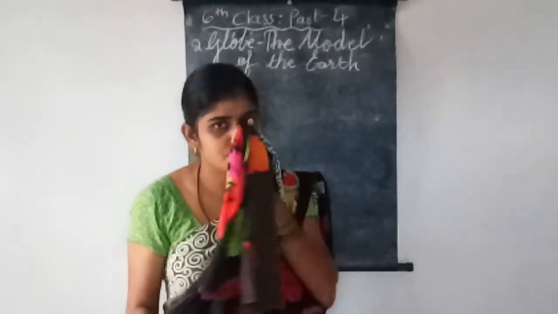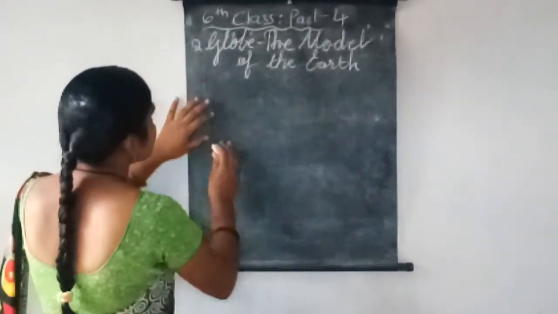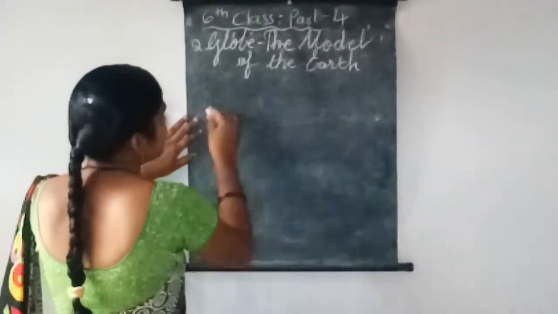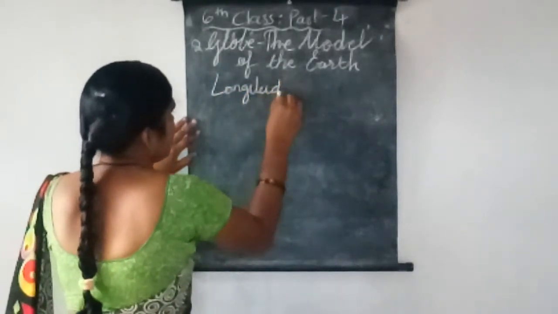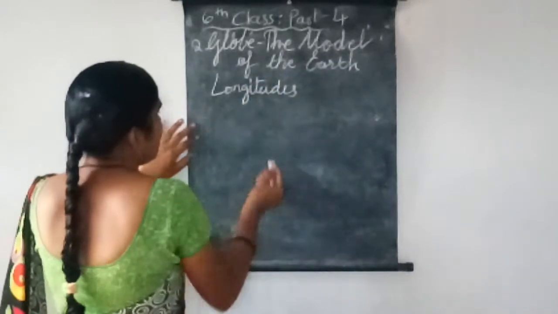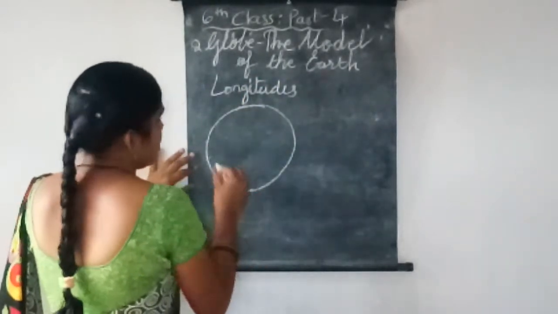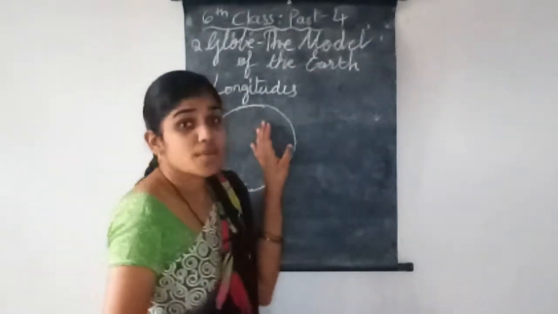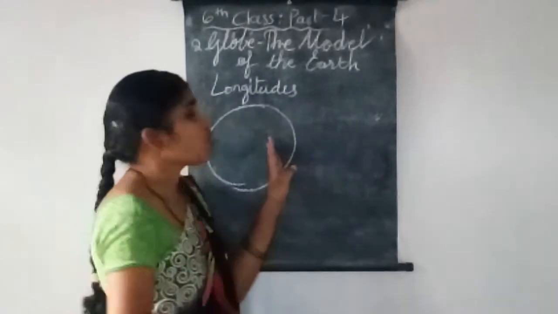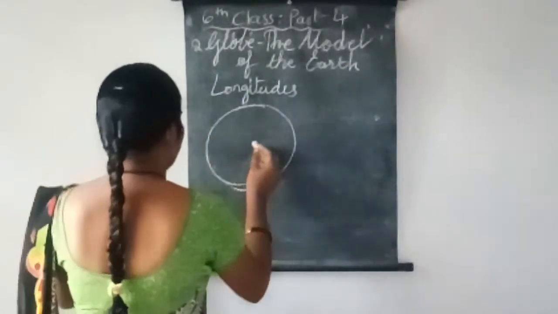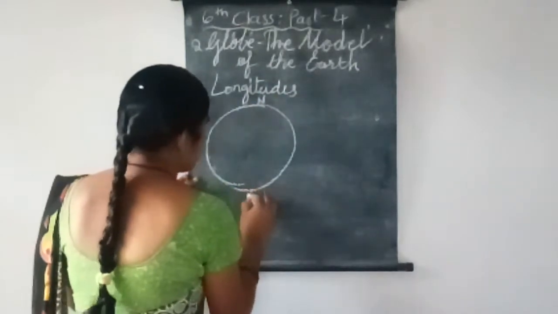Coming to the longitudes now. Longitudes are passing from north to south. This is the North Pole. This is the South Pole.